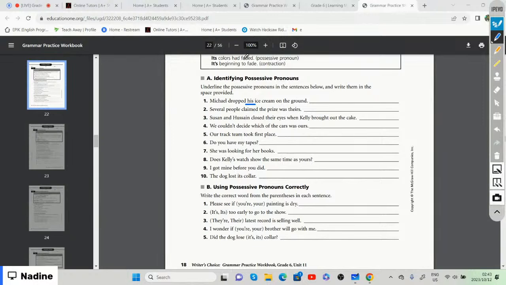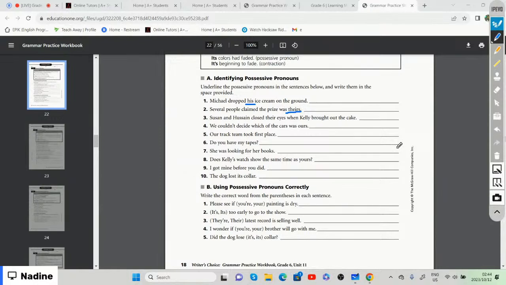We need to identify it. All right, so we can then say theirs is the possessive pronoun, right? It's not mine, it's not yours, it's theirs.